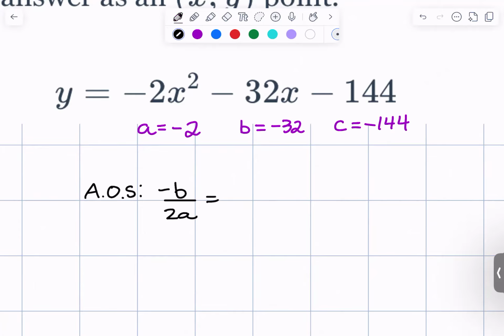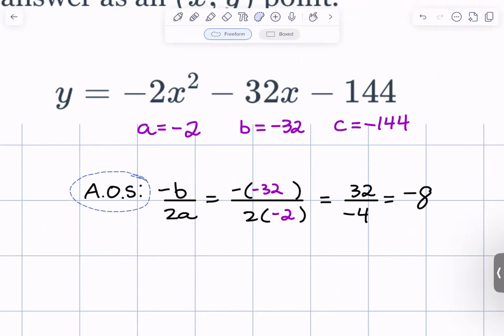So negative b is negative 32 over 2 times negative 2, which is my a value. Negative times a negative is a positive, so positive 32 over 2 times -2 is -4. 32 divided by -4 is -8. So my axis of symmetry, I forgot x equals.